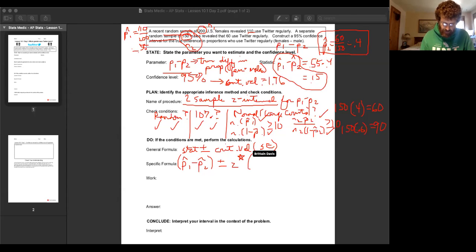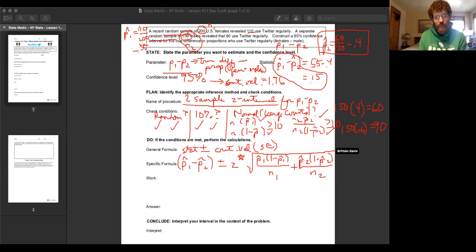And the standard error, which comes from the formula sheet, but is the one we already introduced, is going to be p hat sub 1 times 1 minus p hat sub 1 divided by n sub 1, plus p hat sub 2 times 1 minus p hat sub 2 divided by n sub 2. So that's my specific formula for this problem.